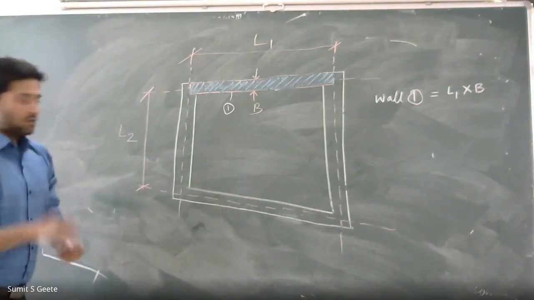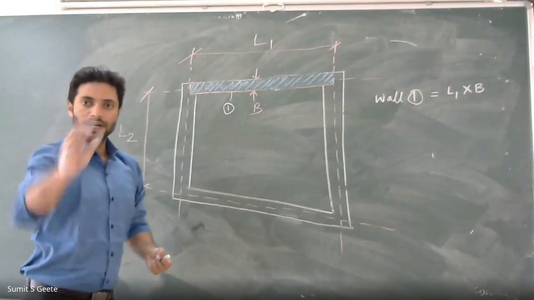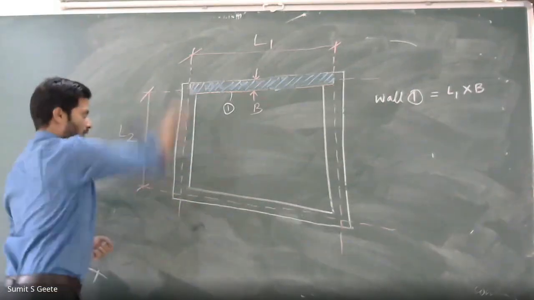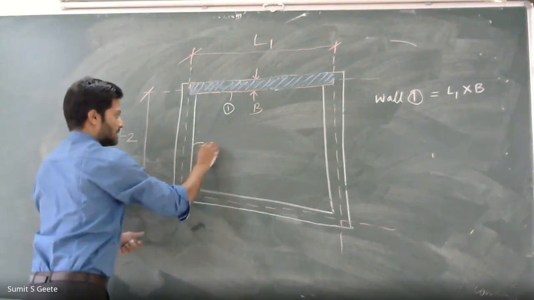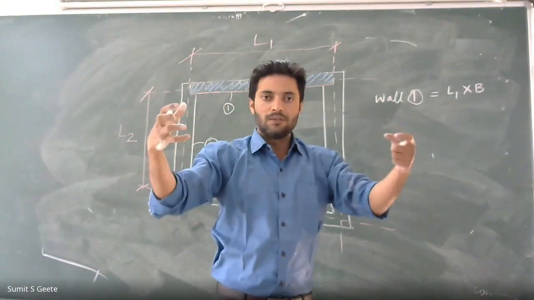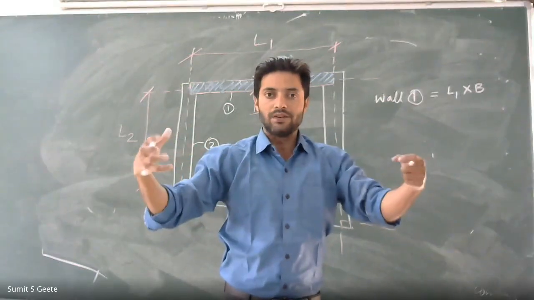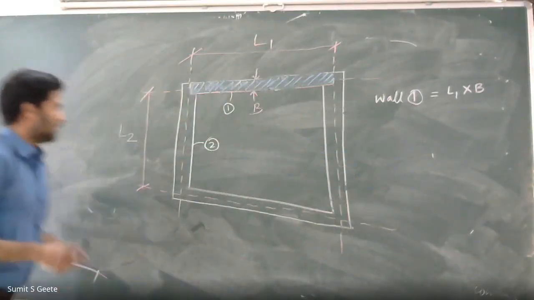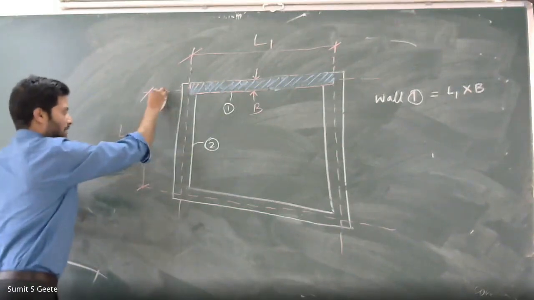Now suppose I want to calculate for the next wall, suppose this is wall number 2. Now I want to calculate the area of this wall number 2. How am I going to calculate this area? See, I will consider the center to center distance.